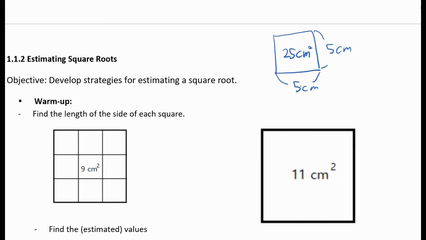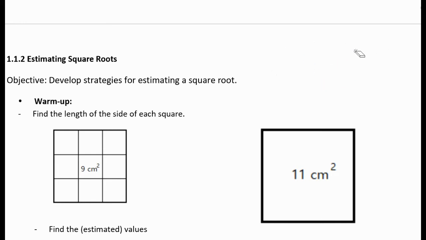And what if just the area is given? If the area is 25 square centimeters, we can simply take the square root of 25, and say the side length is 5 centimeters. Is that right, everyone?